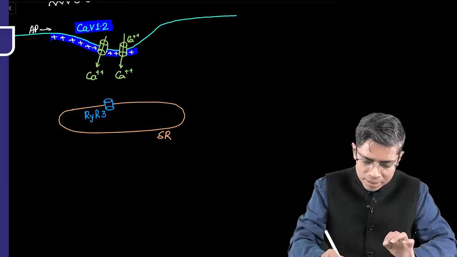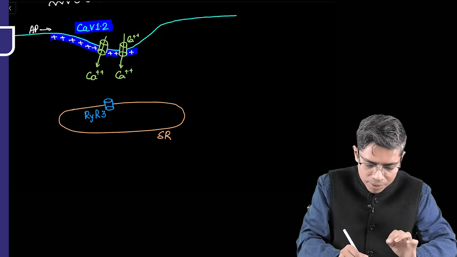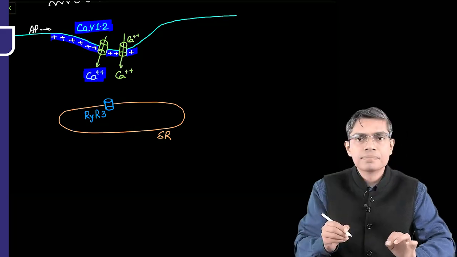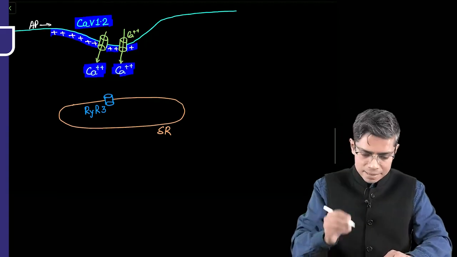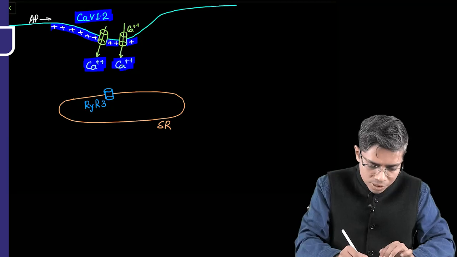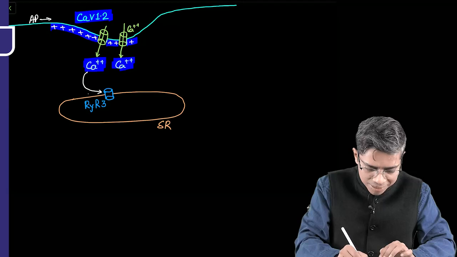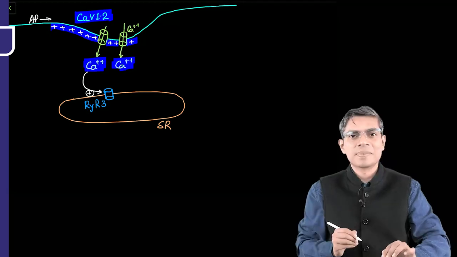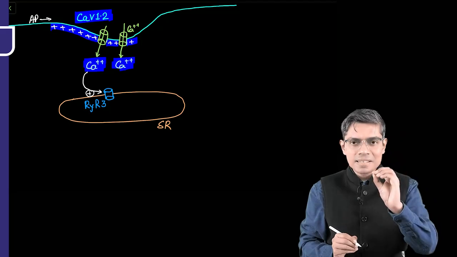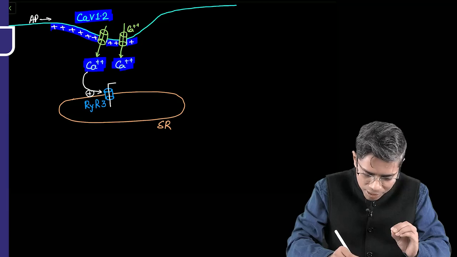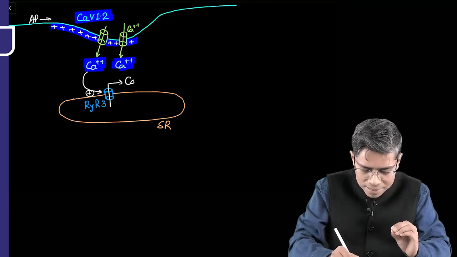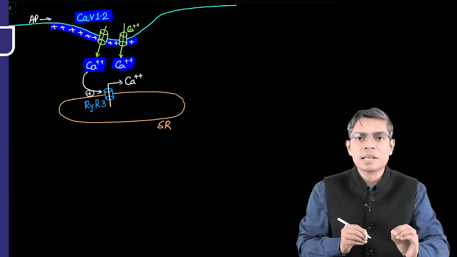Whenever calcium is entering from extracellular fluid through this voltage gated calcium channel, this calcium is going to stimulate this RYR type 3 channel. What type of mechanism is this? Outside calcium is stimulating the RYR type 3 channel, and through it more calcium will be released into the cytoplasm.